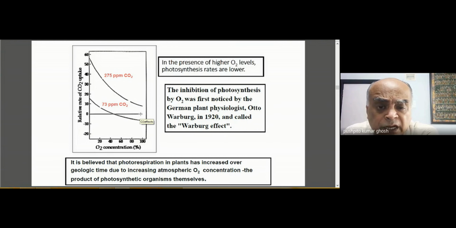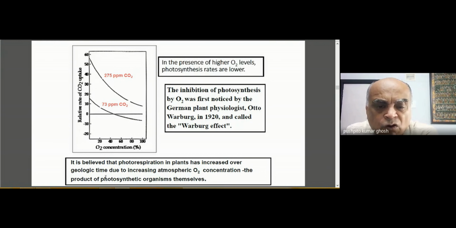This is something interesting. But what is also very interesting is that photosynthetic activity has decreased over a period of time. When I say period of time, I'm talking about millions of years, because initially the atmosphere did not have much oxygen. Today you have a large amount of oxygen compared to carbon dioxide, but there was a time when the oxygen levels were lower.